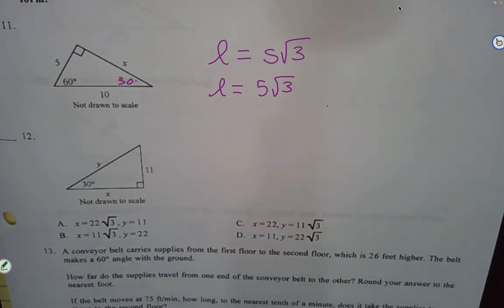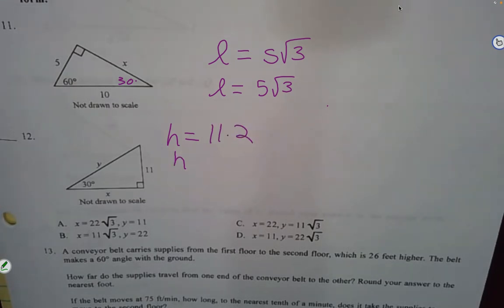Okay? Are we ready for the next one? So the next one, notice I have to find both the what? Hypotenuse and the what? Long side. Okay? On the next one, I have to find the hypotenuse and the long side. So the hypotenuse, what is my hypotenuse for my 30, 60, 90? Yeah, it's the short side times 2.